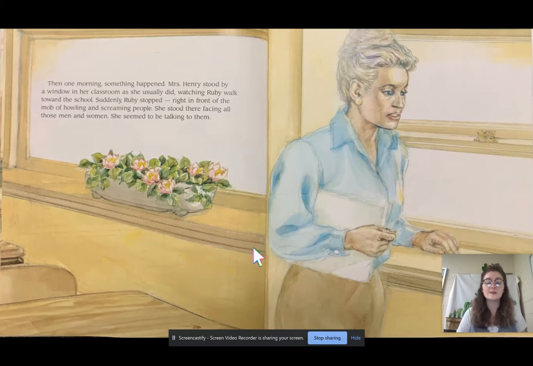Then one morning, something happened. Mrs. Henry stood by a window in her classroom as she usually did, watching Ruby walk toward the school. Suddenly, Ruby stopped, right in front of the mob of howling and screaming people. She stood there facing all those men and women. She seemed to be talking to them.